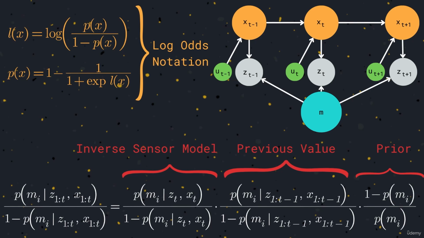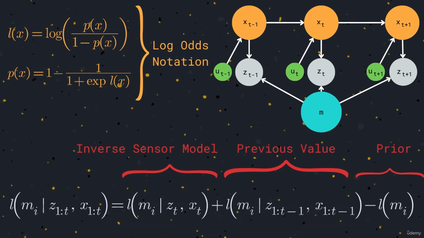Simply put, this tool will allow us to express probabilities in logarithmic form and vice versa. The advantage is that with this new notation, our equation no longer looks so scary, and it becomes more readable and also more intuitive to understand the meaning of each term and how they should be composed to obtain the overall probability of a certain cell being occupied following several LiDAR readings taken at different positions of the robot.